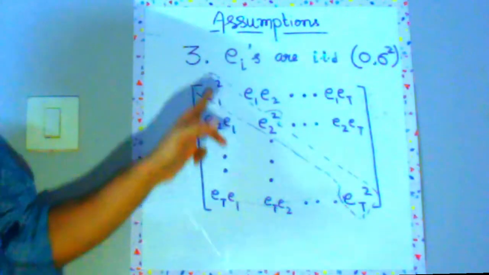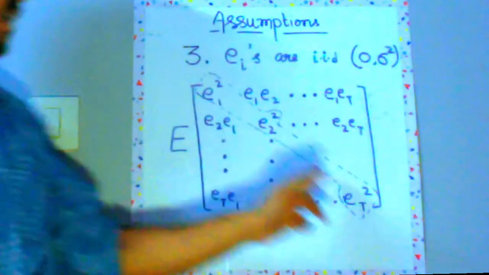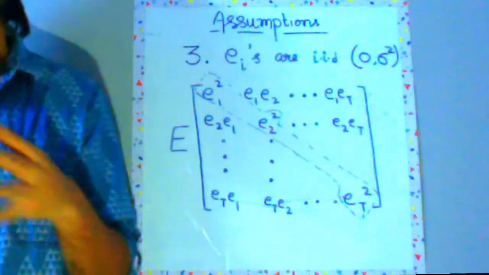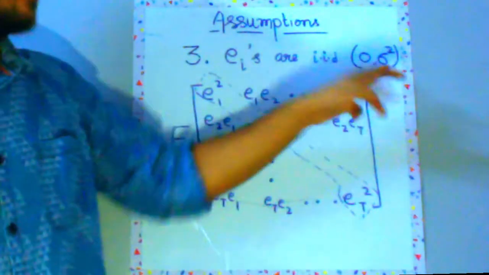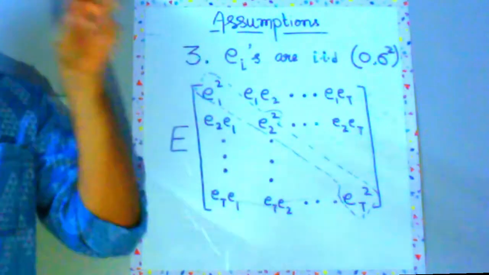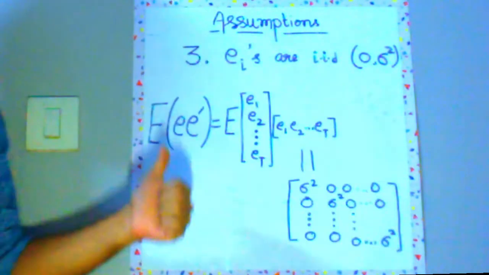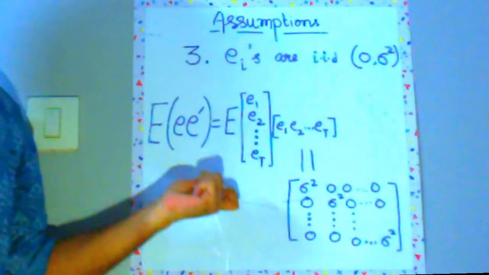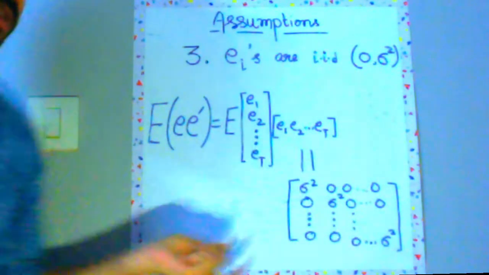But the moment you take the expectation inside for the diagonal elements, it will return you the variance, which is sigma square.